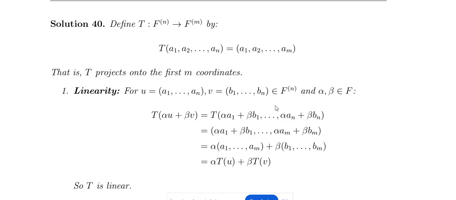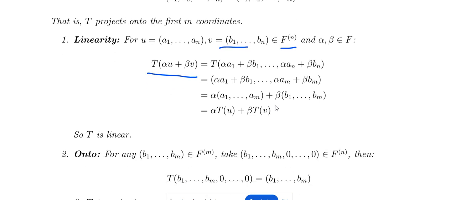T projects onto the first m coordinates. Taking u and v belonging to F^n, T of alpha u plus beta v is defined as T of (alpha a1 + beta b1, ..., alpha an + beta bn). If you split this into two parts, it is alpha times T of u plus beta times T of v, so T is linear.